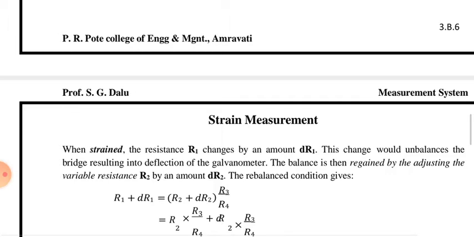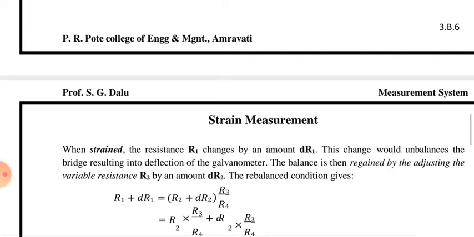This change would unbalance the bridge, resulting in deflection of the galvanometer.